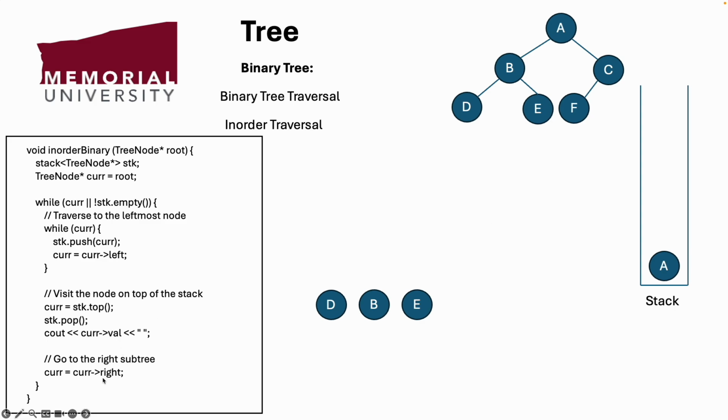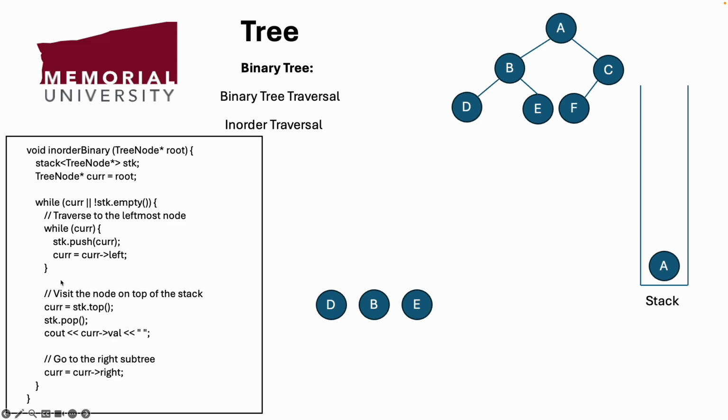There's no right child for E, and current will be pointing to a null pointer after this. Okay, so current is pointing to null, but the stack is not empty. This outer while loop can keep going. However, the inner while loop does not apply because current points to a null pointer.